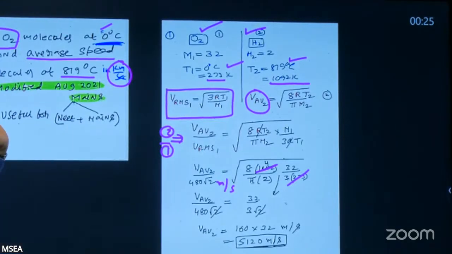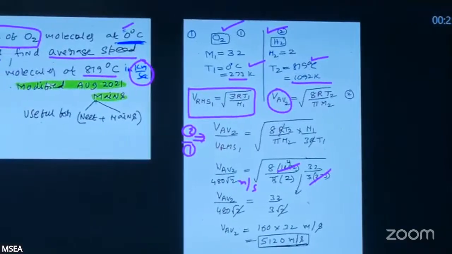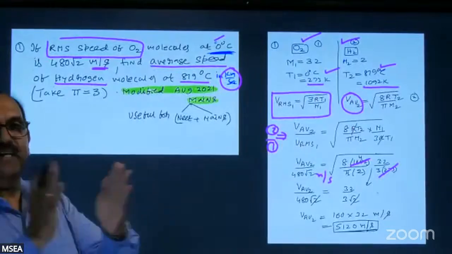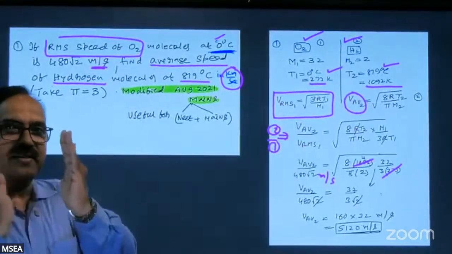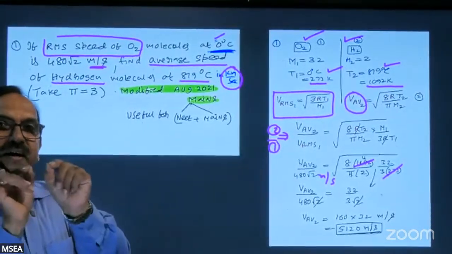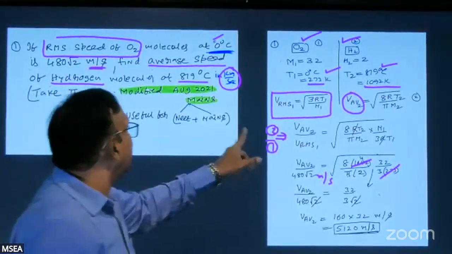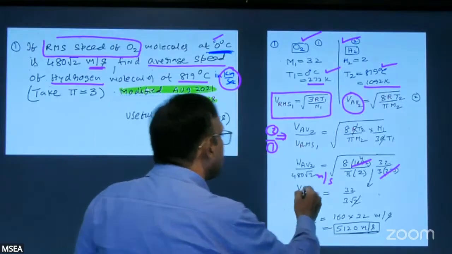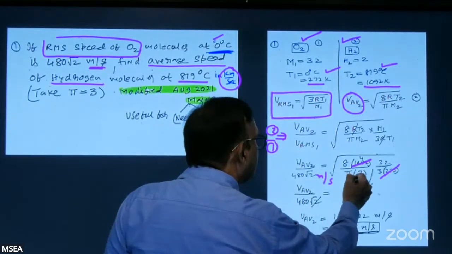Whether he gives it or not, you can take pi as 3.14. Almost you can take it as 3. When the answers have sufficient gaps between them, then instead of 3.14, we can write 3 there. So this pi is 3 there.